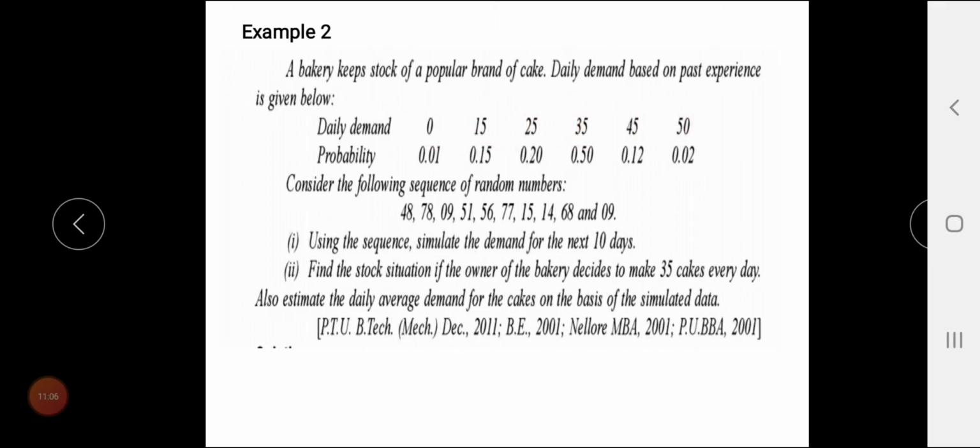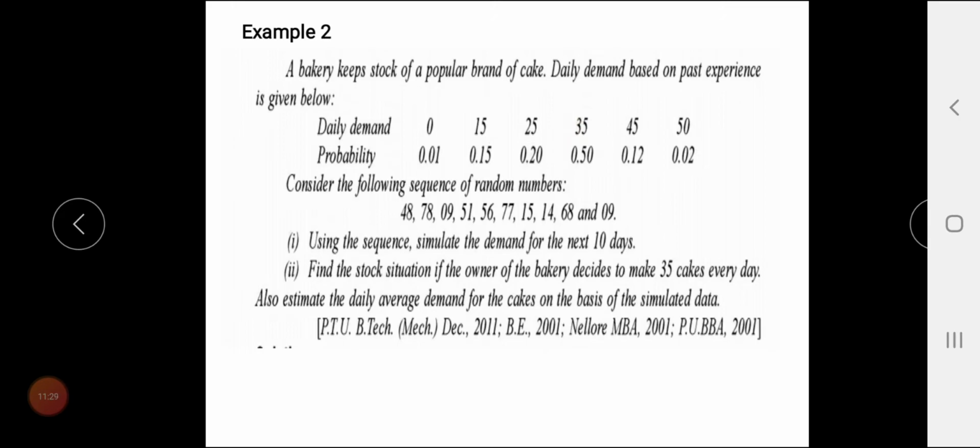A probability of 0 demand is very low, and the highest demand, 50, is also very low. The probability means the number of repetitions of the demand. So the maximum probability is for 35.